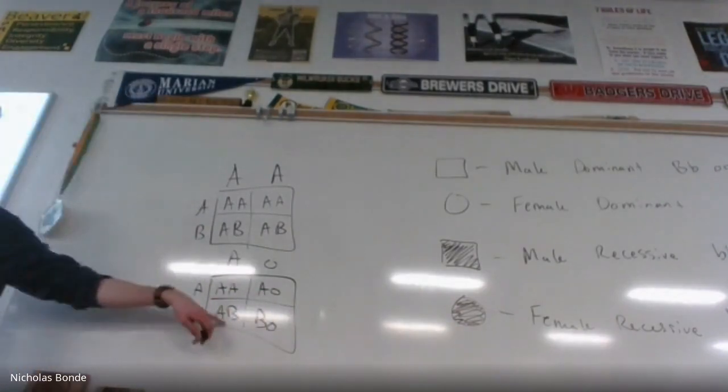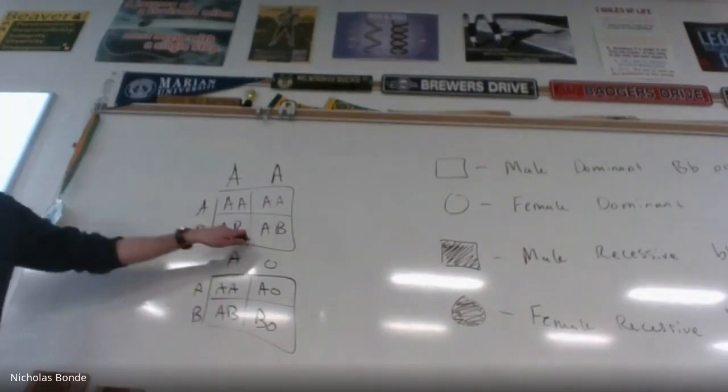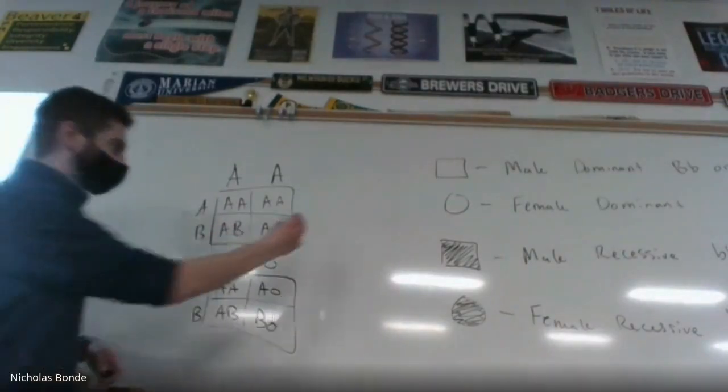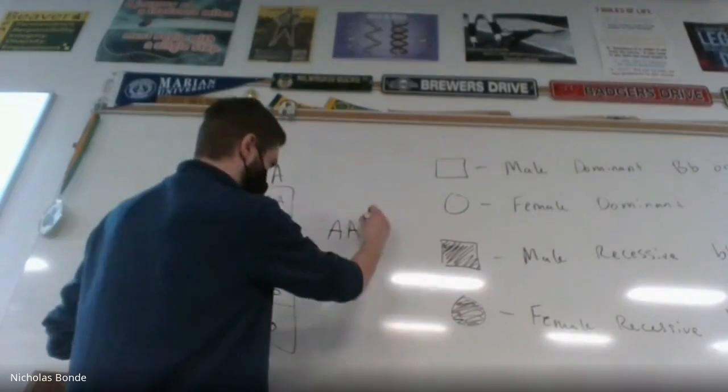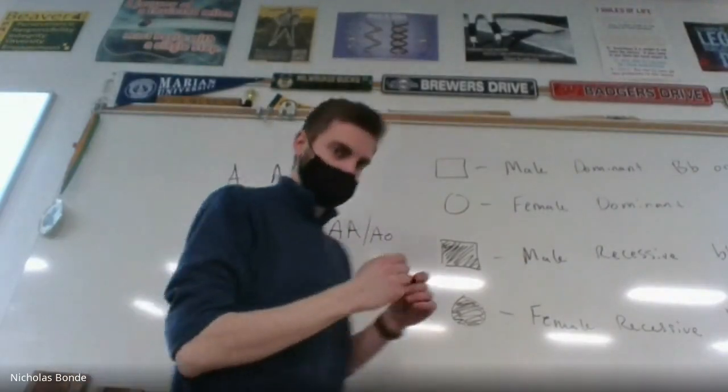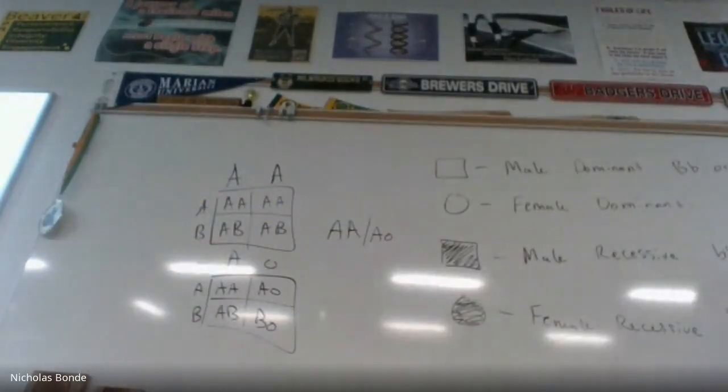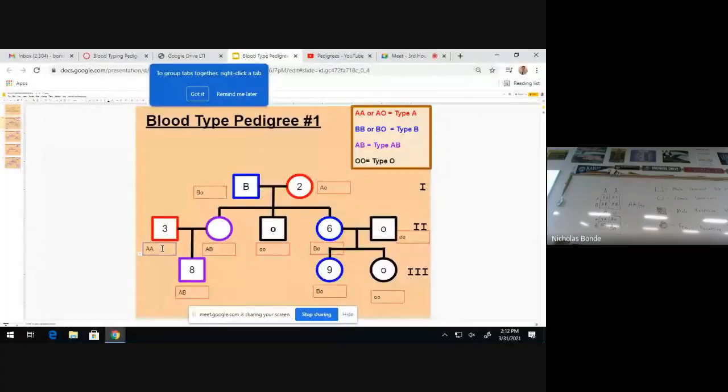Now, this one only has a 25% chance of giving me AB, whereas this one's 50%, but you still have to write that it could be either one of them. So in this case, I would say it could be either one of those two. I write A or A, with a question mark. Okay, so that's how the first one's done.